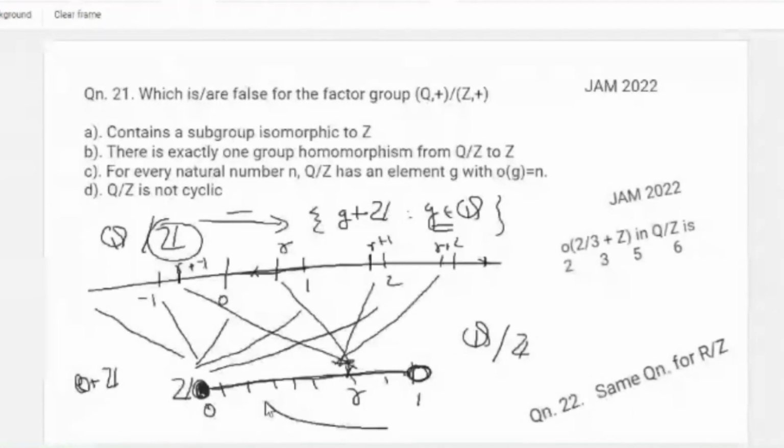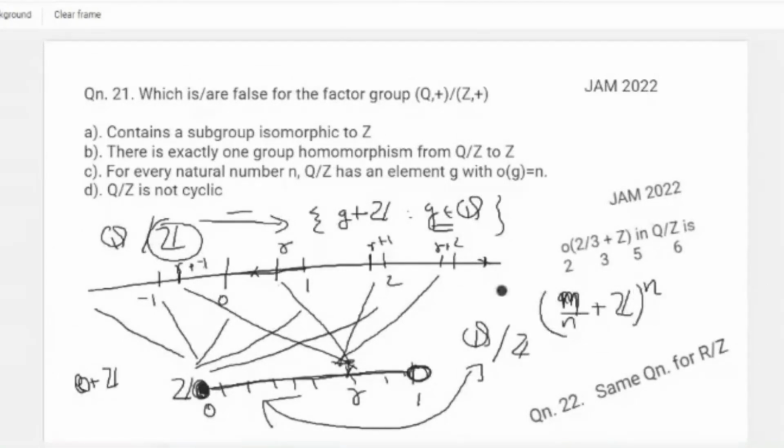You can see that this group has this property: every element has finite order, which I have not mentioned. Every element in Q has the form m by n, where both m and n are natural numbers. If you take m by n plus Z, this coset, what is its nth power? Here the operation is addition, Q with addition.